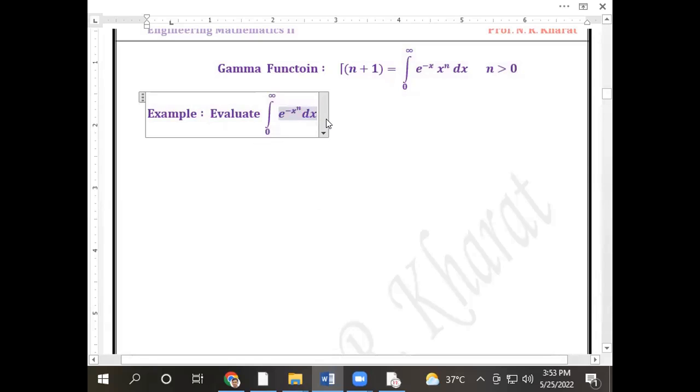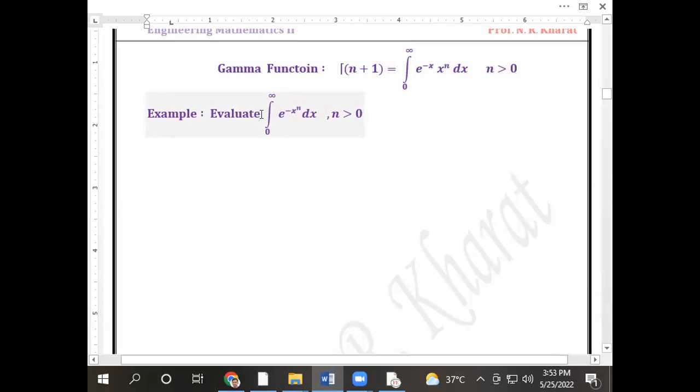Suppose n is greater than 0, but we don't know whether n is a positive real number or a positive integer, a fraction or some real number. How to find the solution?